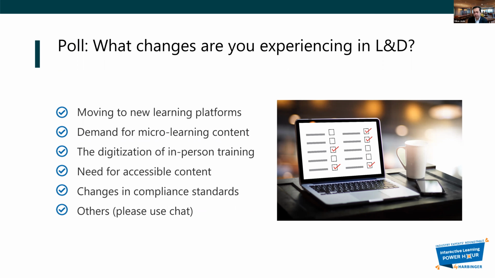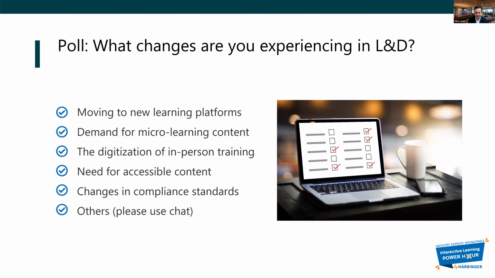At Harbinger, we help hundreds of enterprises, publishers, academic institutions, and nonprofits in designing and implementing their content modernization strategies. We keep receiving customer requests for proposal all the time.